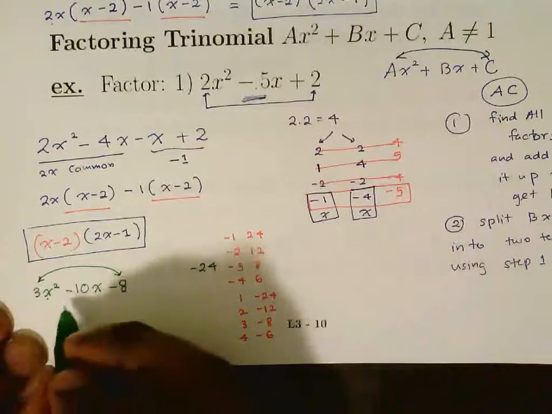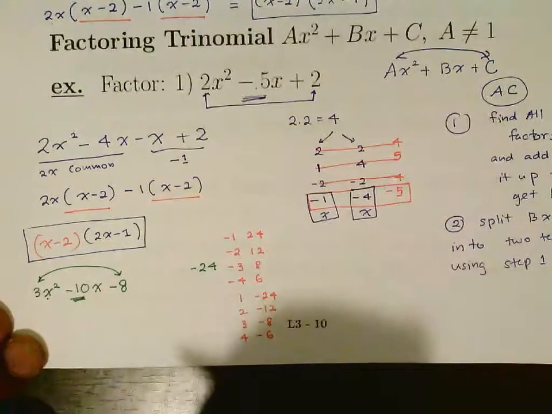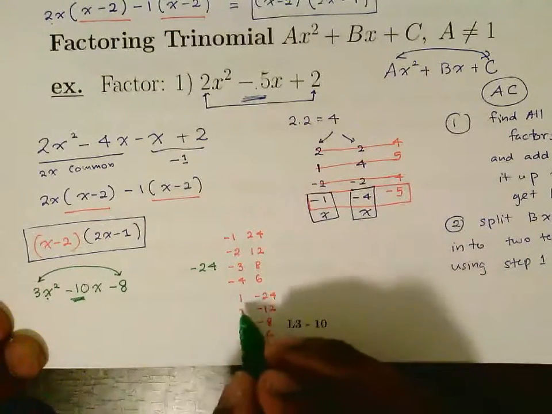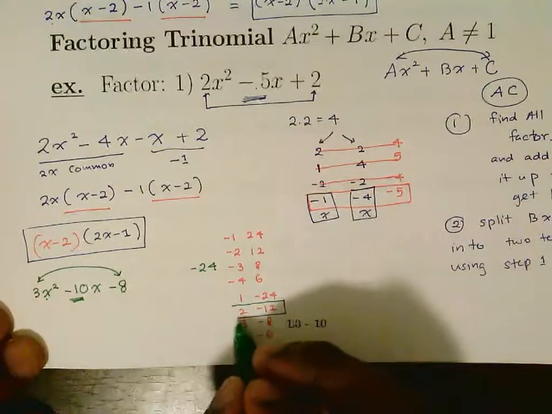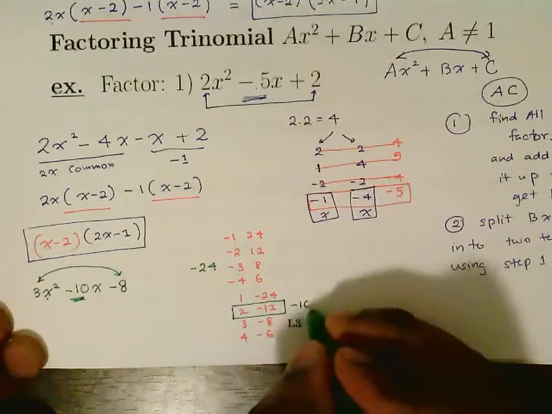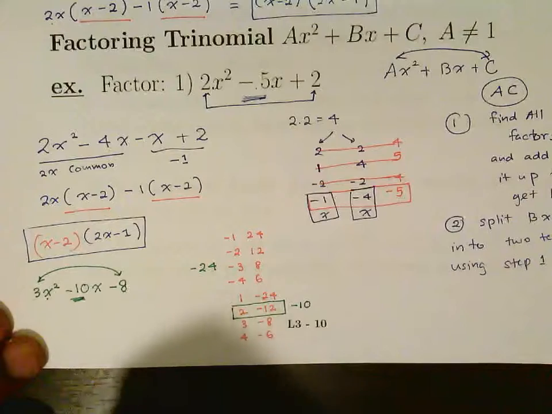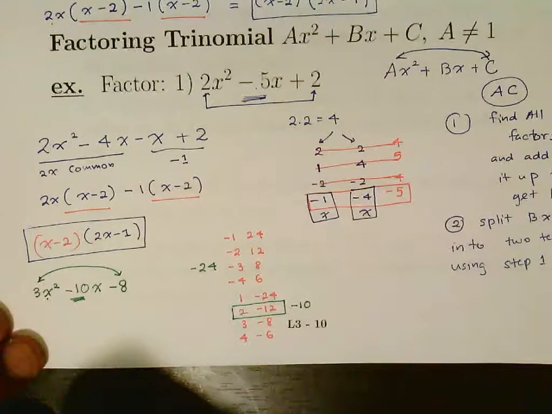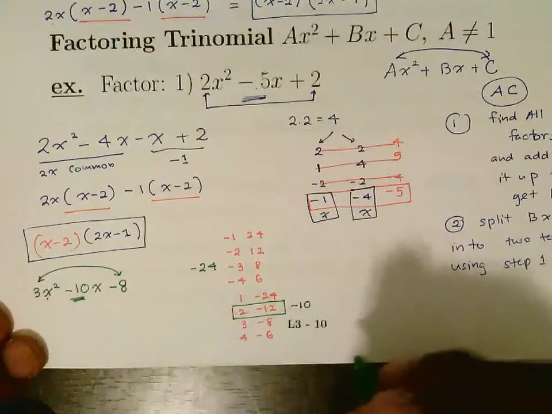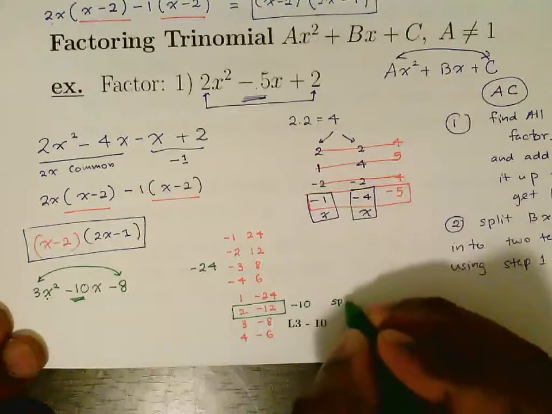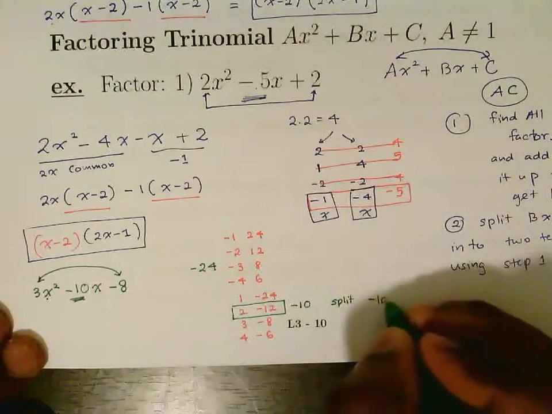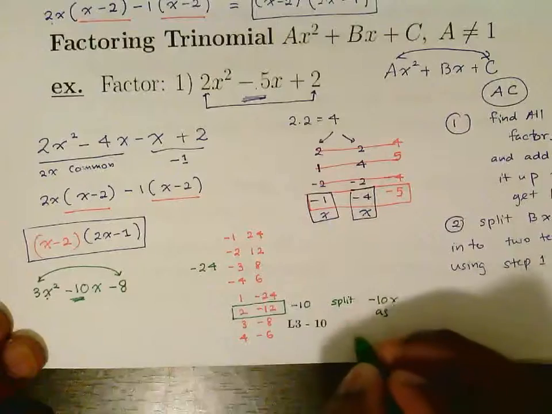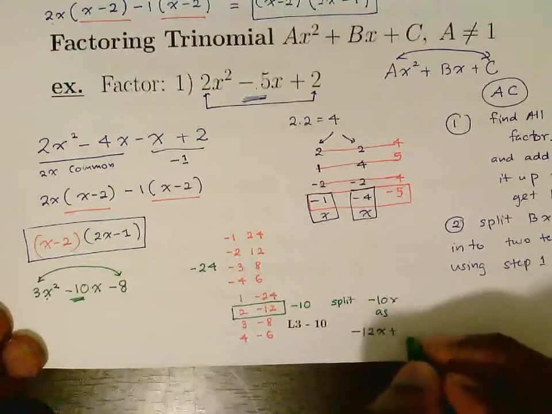Right here, I need negative 10. So I get negative 10 by plus 2 and negative 12. None of the others give me negative 10. Which means I will split negative 10x as negative 12x plus 2x.